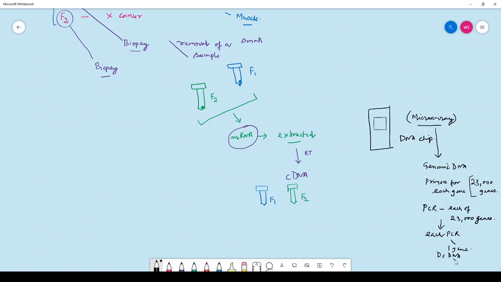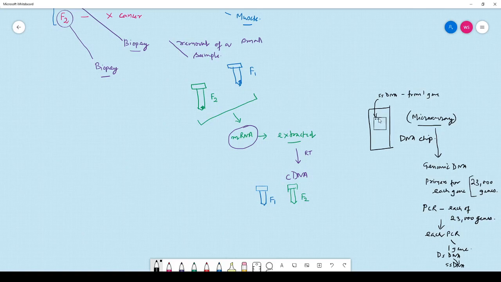Now, if we denature this double-stranded DNA, we get a single-stranded DNA. So, in this DNA chip, which is basically a glass slide with a small square having different locations, at each location the single-stranded DNA from one gene is put there.